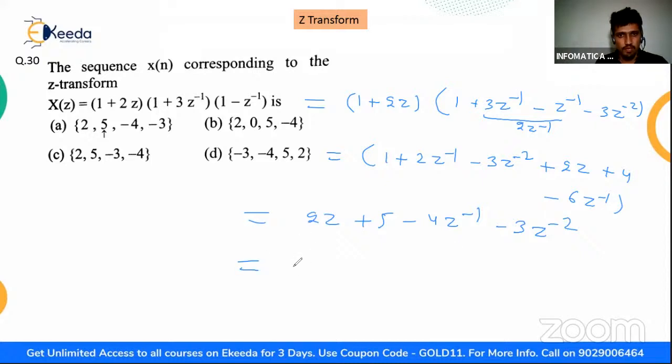So which we can write that this is 2 del n plus 1.